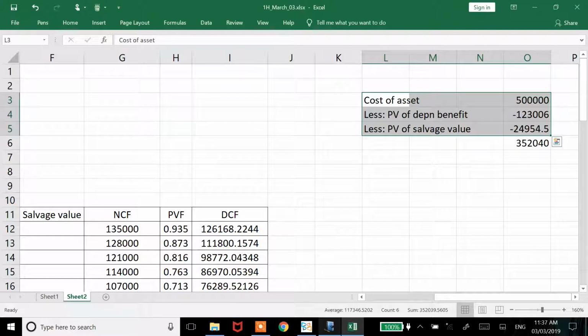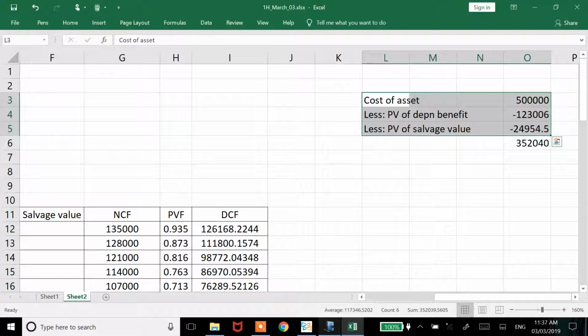Only 3 line items: cost of asset less present value of depreciation benefit less present value of salvage value. Cost of asset is nothing but interest, principal, and tax saving on interest, all 3 put together. Depreciation benefit is tax benefit on depreciation. Salvage value is written. Any doubts on this?